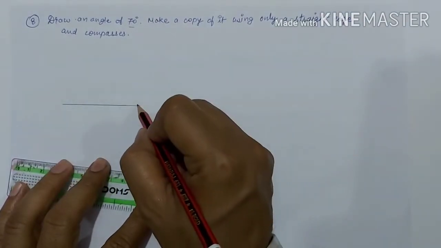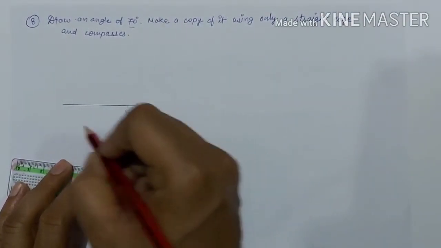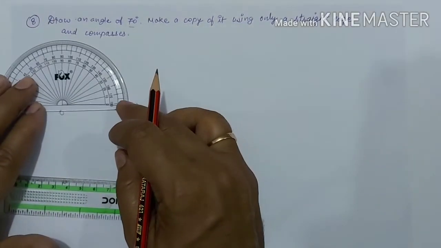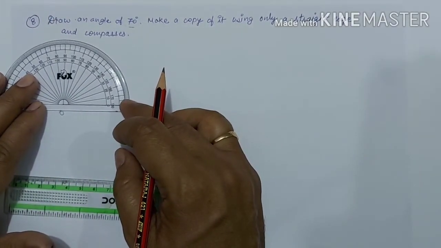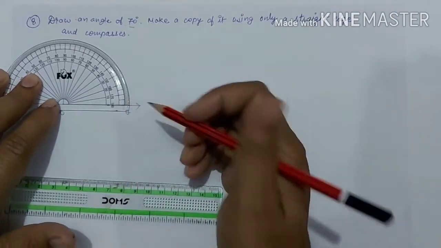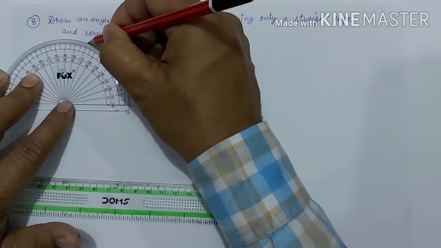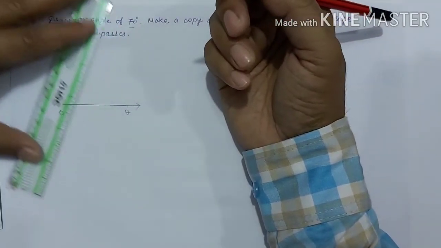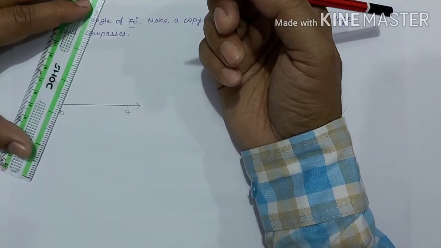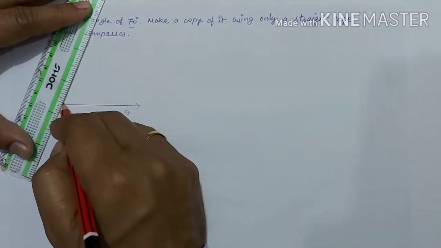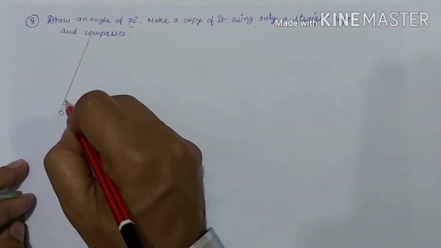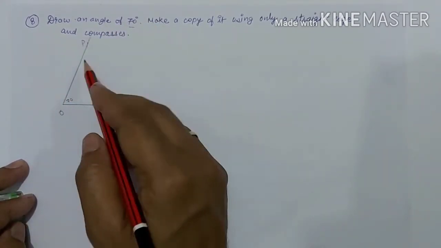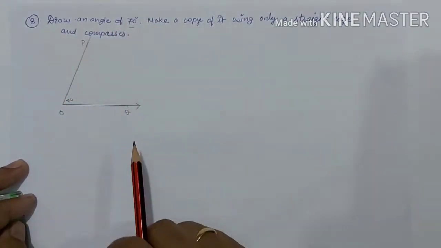Here Q is O. Okay, and the 70 degree angle will be drawn by the protractor. This is the 70. This is the angle of 70, and this is named P. It means POQ is 70.